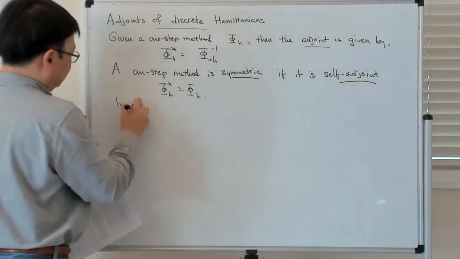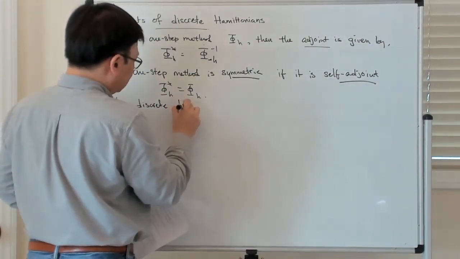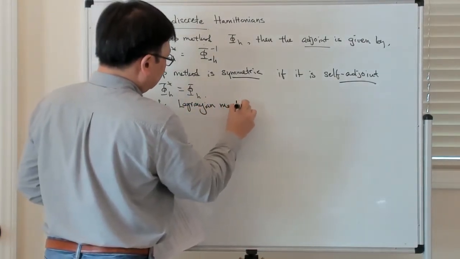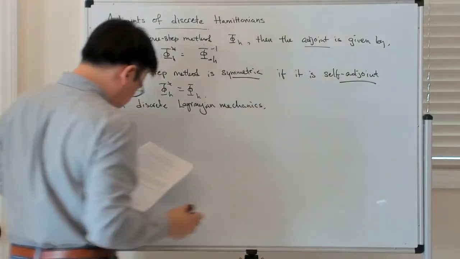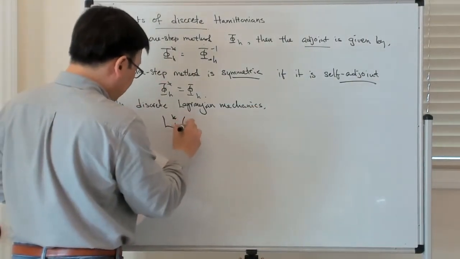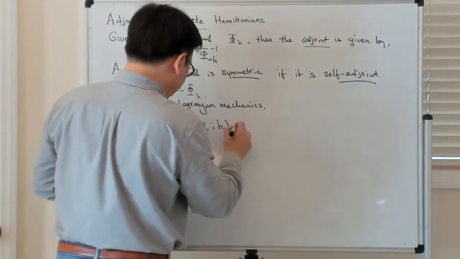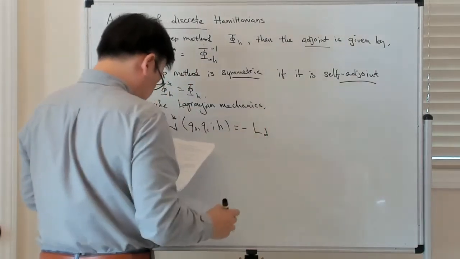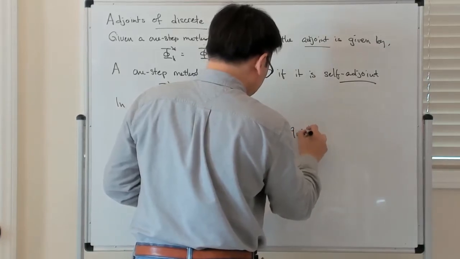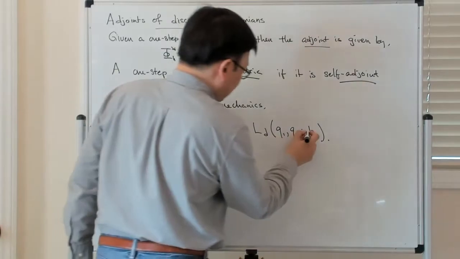So in discrete Lagrangian mechanics, you can write down an adjoint discrete Lagrangian, L_D star of q0, q1, which depends on h, and that's given by minus L_D of q1, q0 with a minus h. So that's basically what happens.